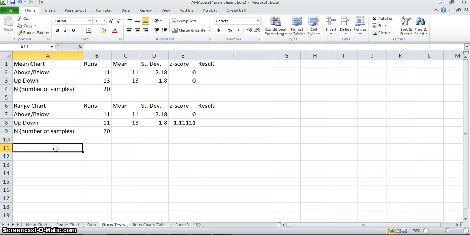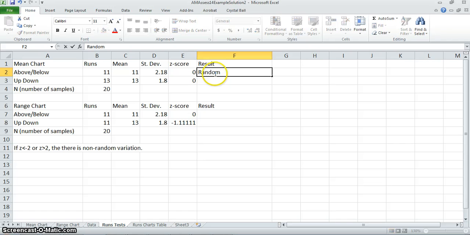Our rule for evaluating runs tests and the z-scores that are associated with them is that if the z-score is less than -2 or the z-score is greater than 2, then we conclude there is non-random variation. So in all these cases, we would classify the variation that we see as random.